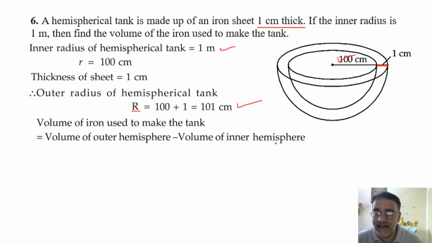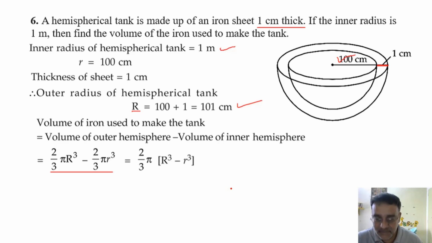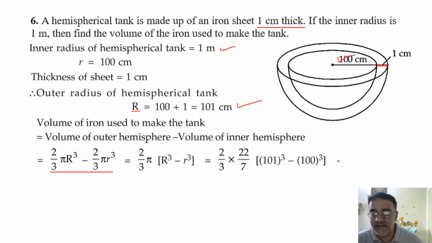And volume of inner hemisphere 2 by 3 pi small r cube. Now, what can we take common from these two? 2 by 3 pi only. Okay, now substitute the value. 2 upon 3 into 22 by 7 into 101 cube minus 100 cube.